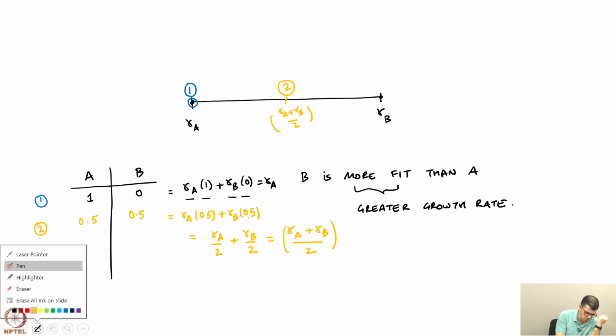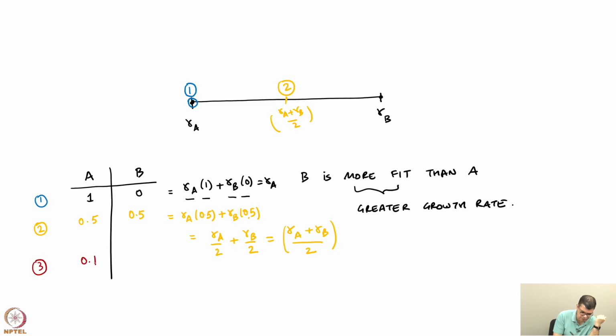And let us just do one more, which is 3, and let us say in this case the fraction of individuals of A type is 0.1, and the fraction of individuals of B type is 0.9.